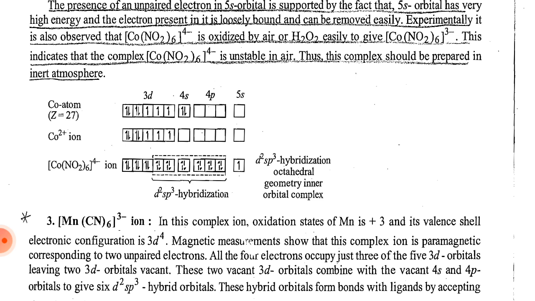So Co(NO2)6 4 minus will share 12 electrons. One unpaired electron is present after d2sp3 hybridization. So d2sp3 hybridization, octahedral geometry in an inner orbital complex, will show paramagnetism due to presence of an unpaired electron.